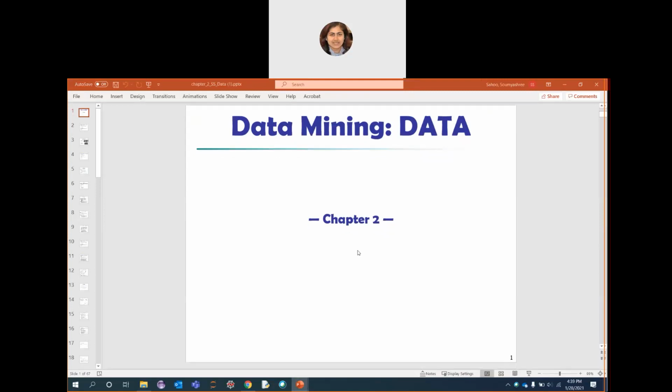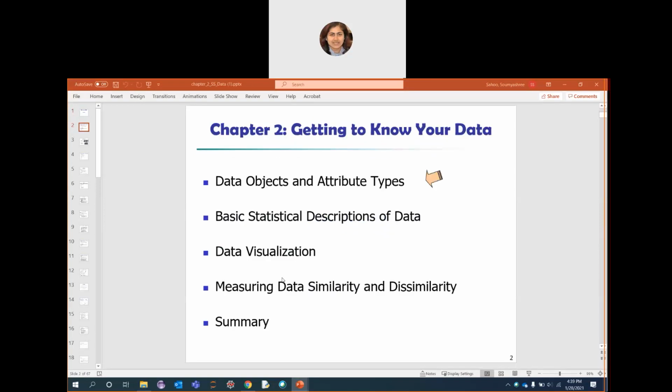Okay, these are the major points that we will be covering in this chapter: various types of data objects, attribute types, then basic statistical descriptions, different descriptions about data, various visualizations, then data dissimilarity and similarity measures.